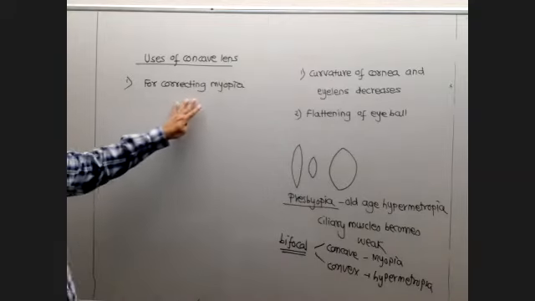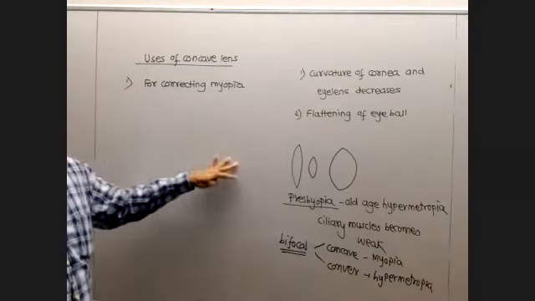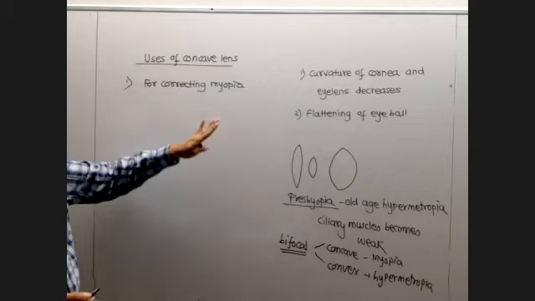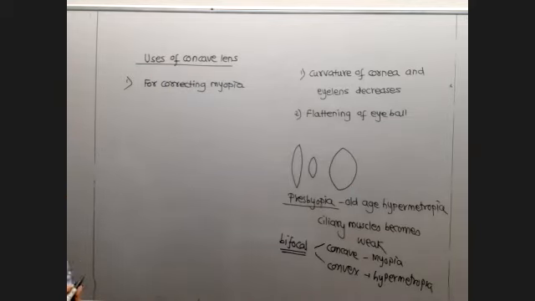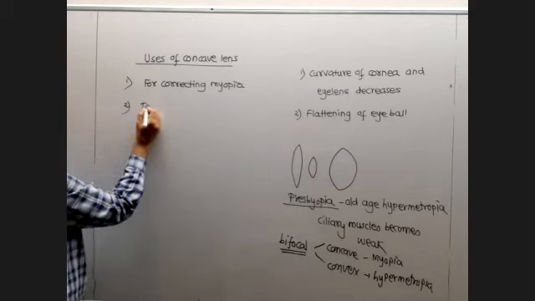So in myopia we are able to see nearby objects clearly. Far objects cannot be seen clearly. So for that we use the concave lens so that rays can be diverged, that we have seen. Then it is used in the torch.